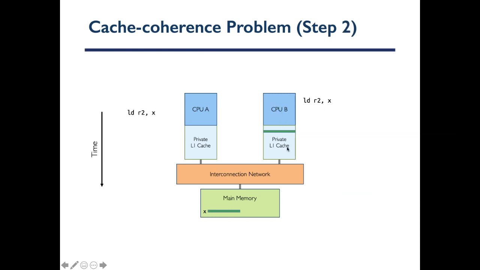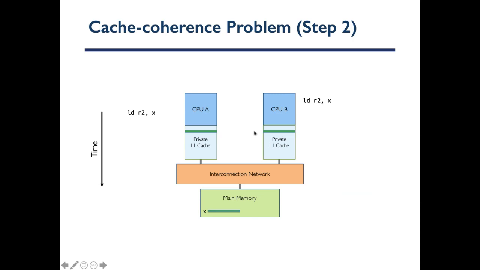Then at a similar time, either at the same time or very close to that time, the thread that is running on CPU A also executes this instruction, load R2 from X. So now X is cached in both of these caches.